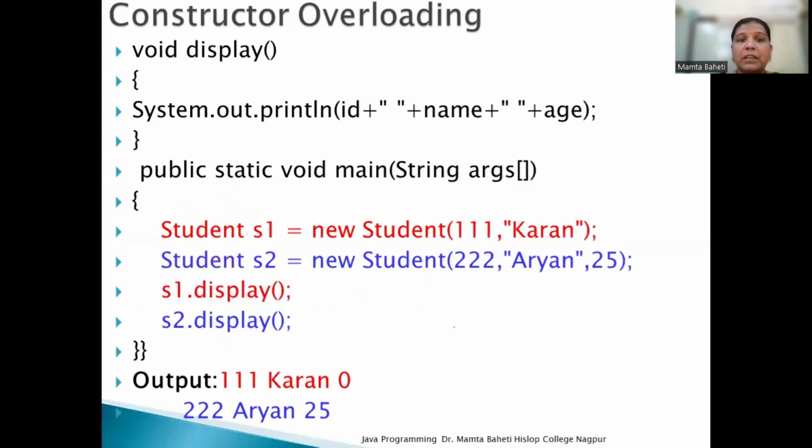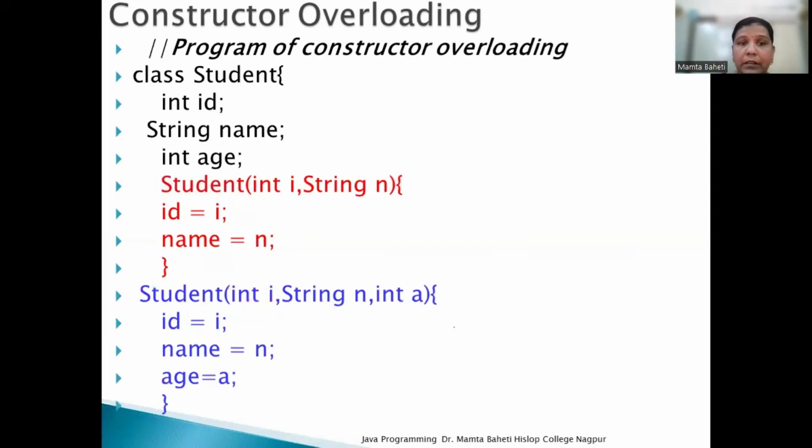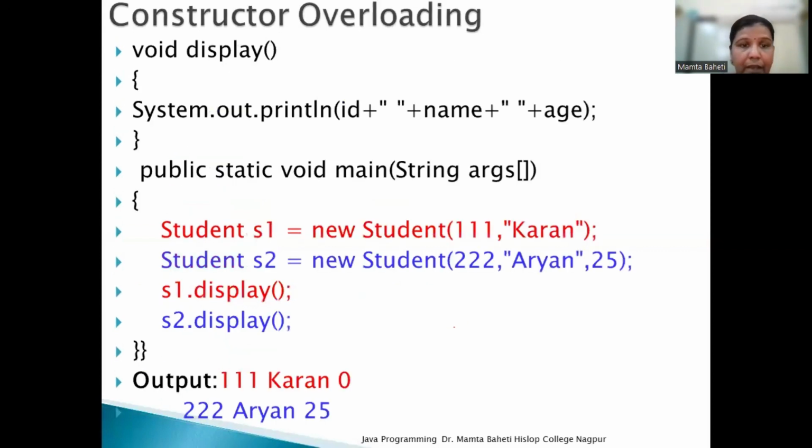Now in public static void main, if I create the constructor of Student with two parameters like 111 and Karan, it will go and work with this one, mentioning id equals i and name equals n. So id is 111 and name is Karan. Then through display, if I put s1.display, it will display 111 Karan.